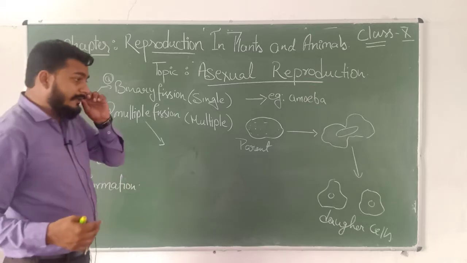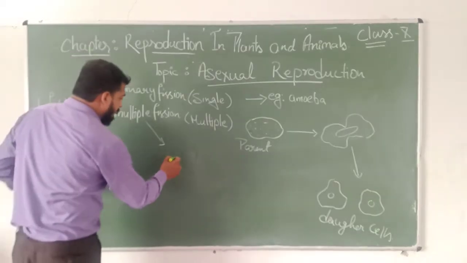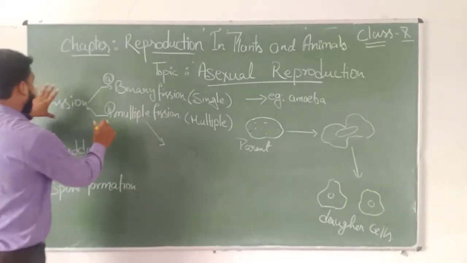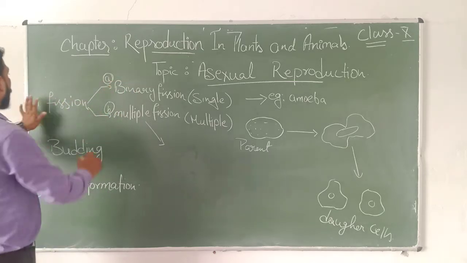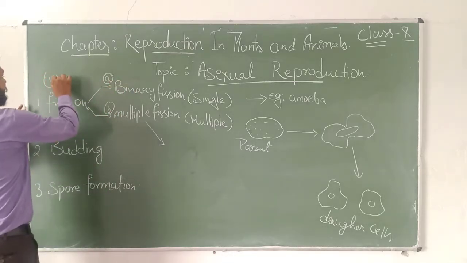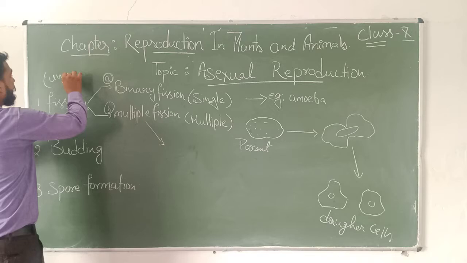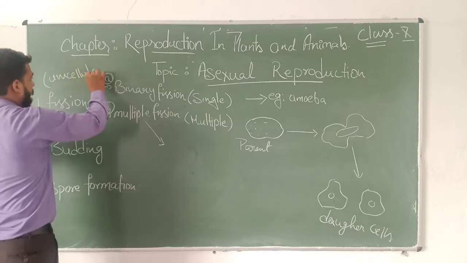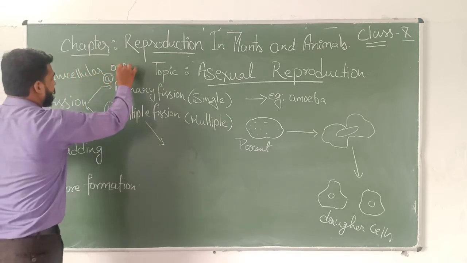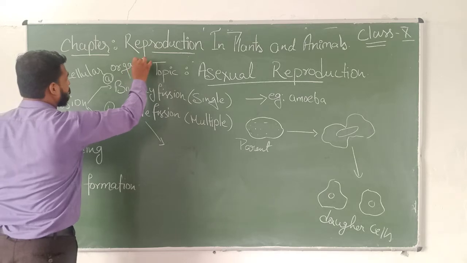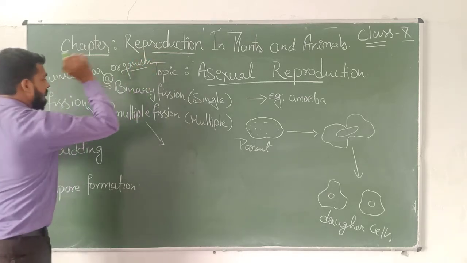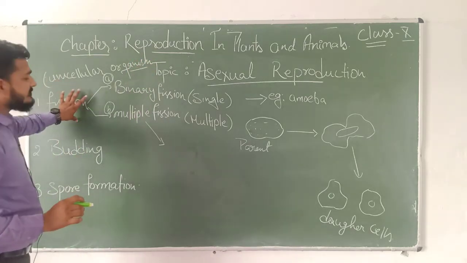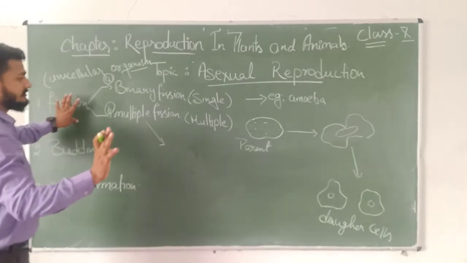It will divide multiple times. This whole process, both binary fission and multiple fission, takes place only in case of unicellular organisms.